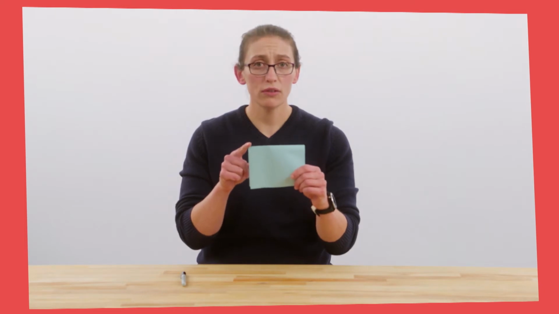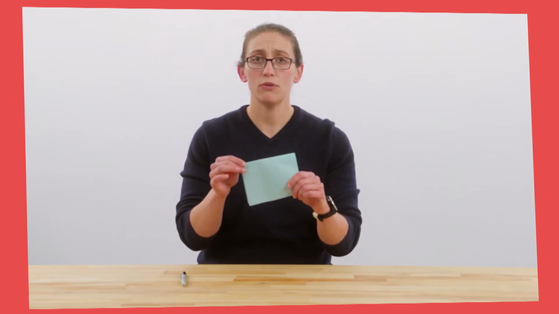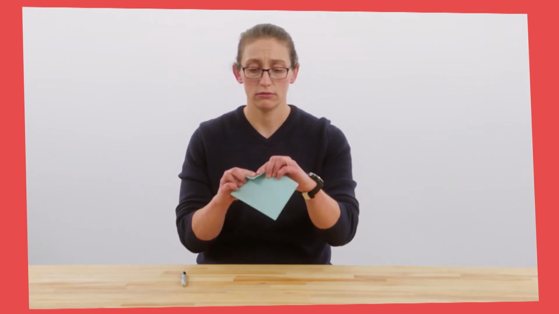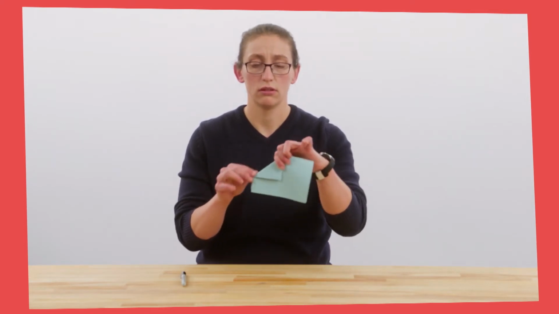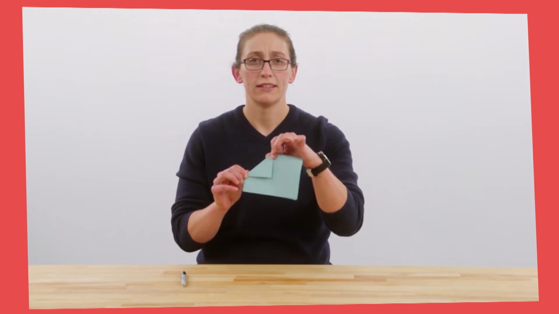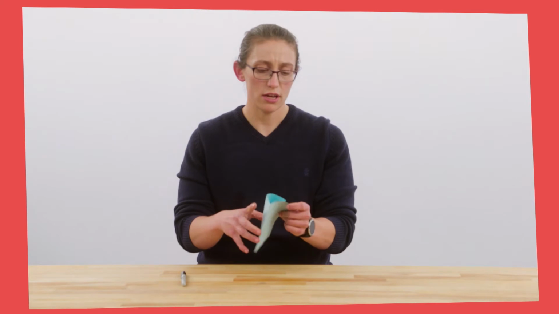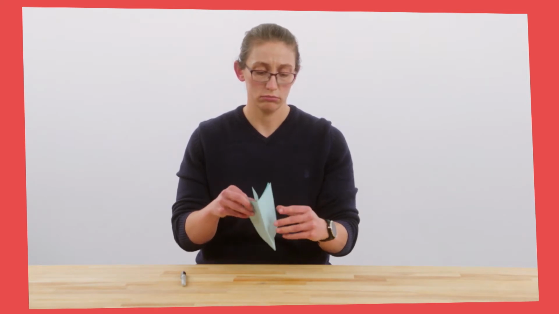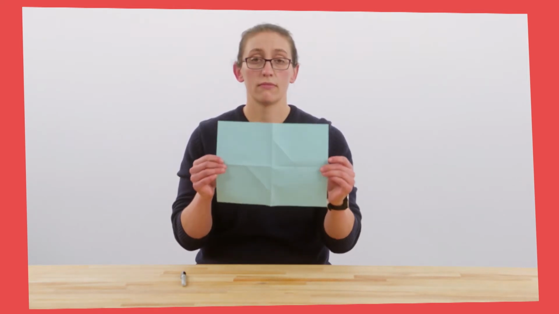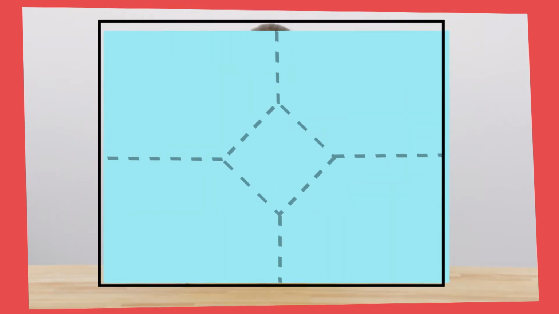Then in the corner of our paper where all sides are folded, we'll fold down a small triangle. When you unfold your paper, the folds should look like this. Does yours look like mine?